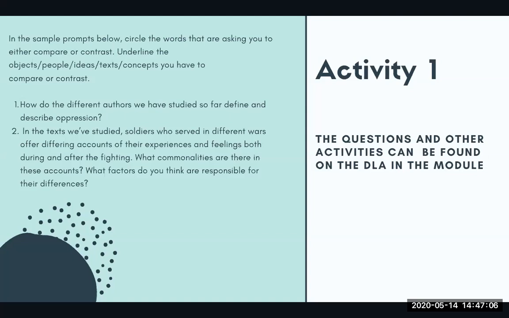The second question is, in the texts we've studied, soldiers who served in different wars offer differing accounts of their experiences and feelings both during and after the fighting. What commonalities are there in these accounts? What factors do you think are responsible for their differences? So take some time to answer those questions, and we will be moving on.